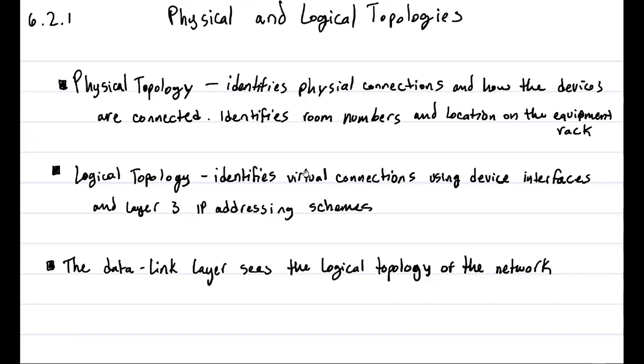Right now, you don't need to understand what virtual connections means. Just know what the difference is between physical and logical topologies. The data link layer sees the logical topology of the network. What it's saying here is that the data link layer is going to pay attention to the logical topology of the network, not just the physical.